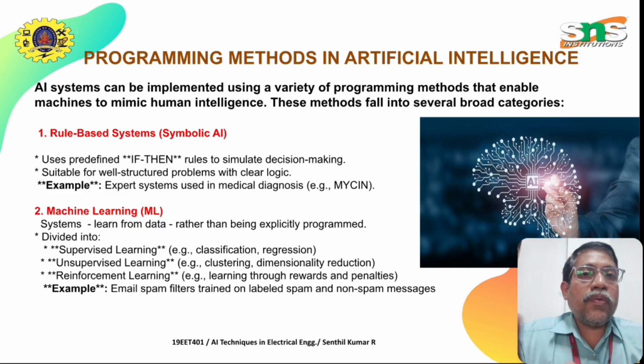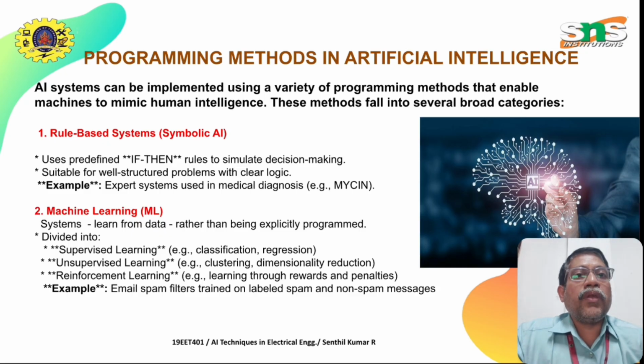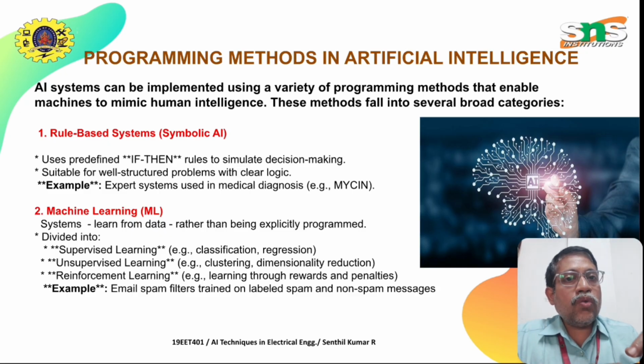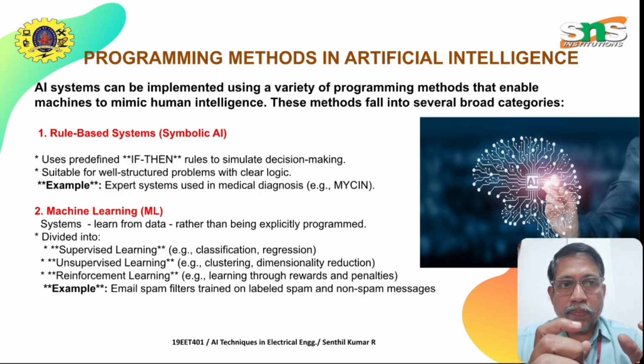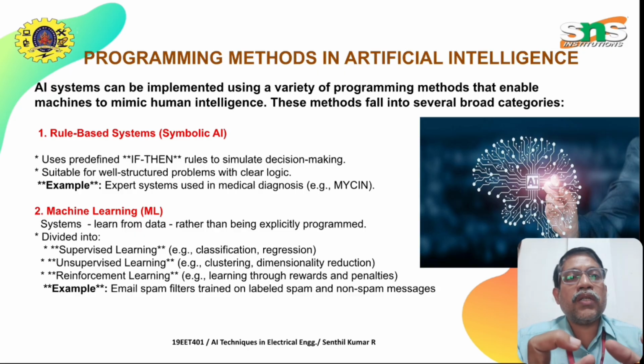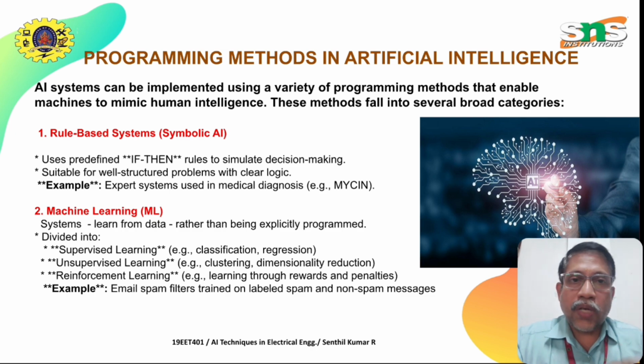There is another type, which is machine learning, where you have to feed a large amount of data to the machine, and the machine will read all the data and, depending on the value of the data, it will decide. This machine learning is divided into three types. One is supervised learning, another is unsupervised learning, and the third is reinforcement learning.